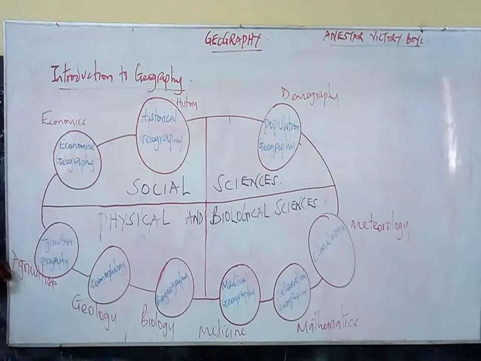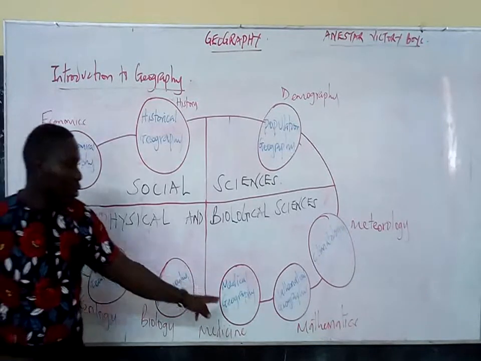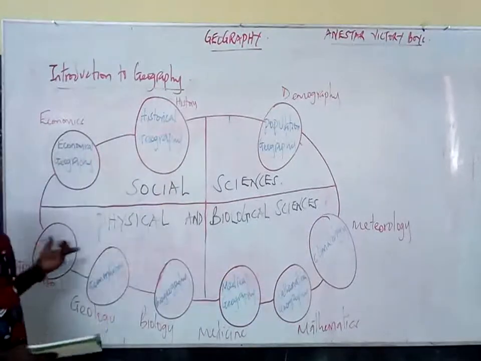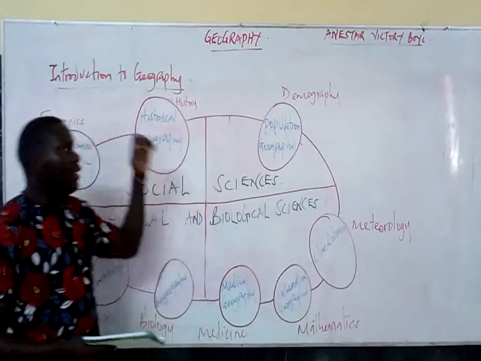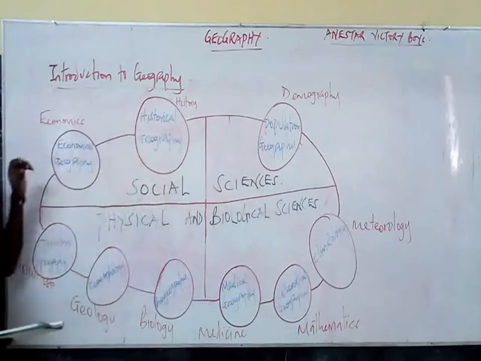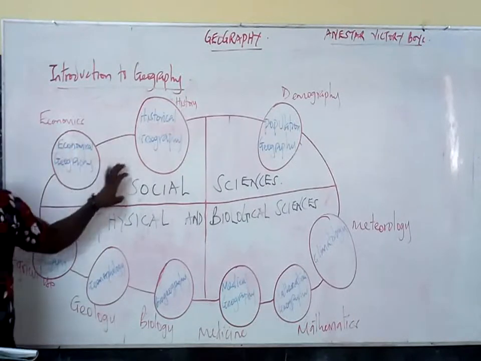And also the relation between agriculture and geography gives us agricultural geography. All these, agricultural geography, geomorphology, biogeography, medical geography, mathematical geography, and climatology, are grouped under the physical and biological sciences, whereas population geography, historical geography, and economic geography are grouped under the social sciences.